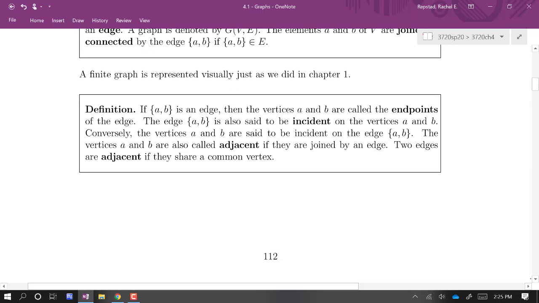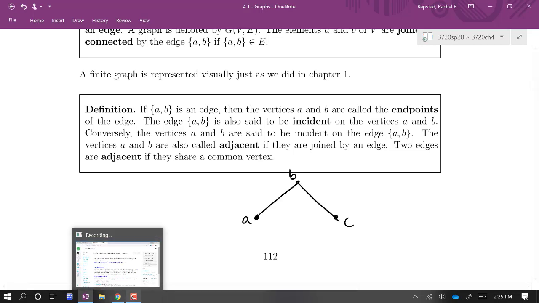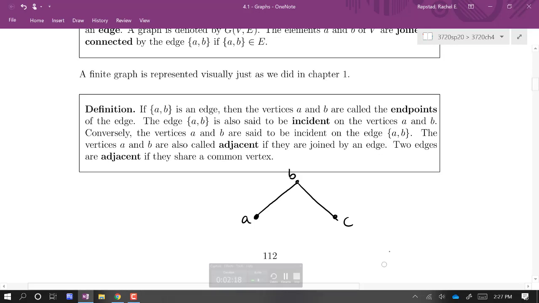So I'm just going to sketch a quick, really simple graph to illustrate what I mean here. So here's vertices A and B and C, and let's say I've got this edge and this edge. Let's say I label this edge E1 and I label this edge E2.